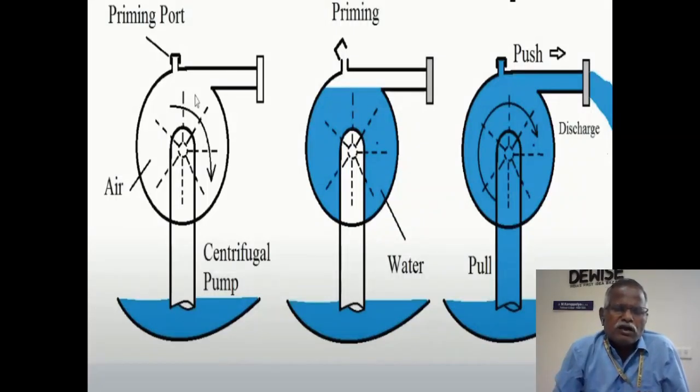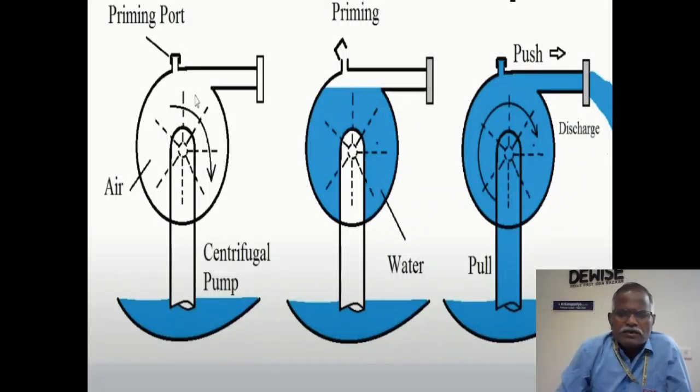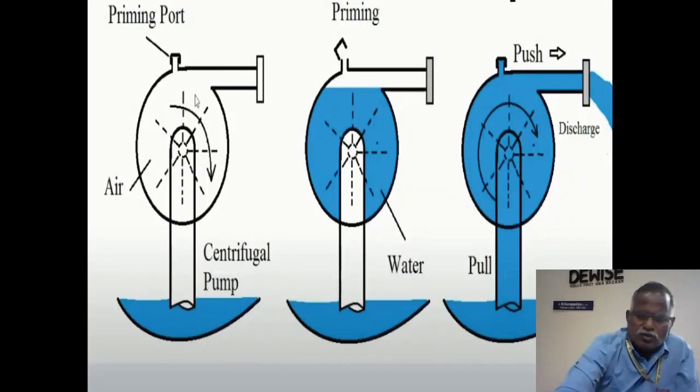Priming means the water occupies the impeller, suction, as well as the delivery pipe, and then continuing, it will pull the water from the storage tank and discharge it to the outside. The last, third figure shows the pump running.